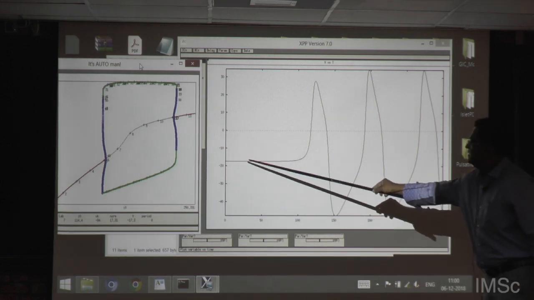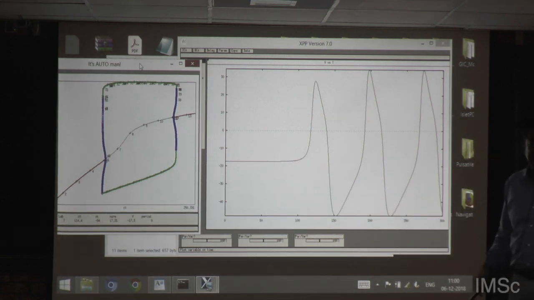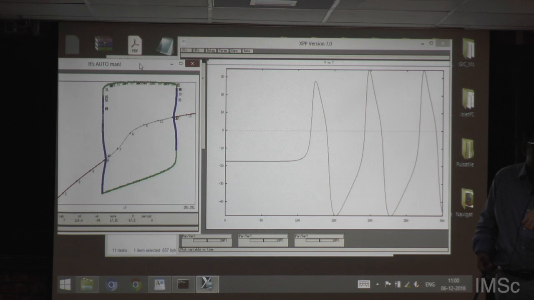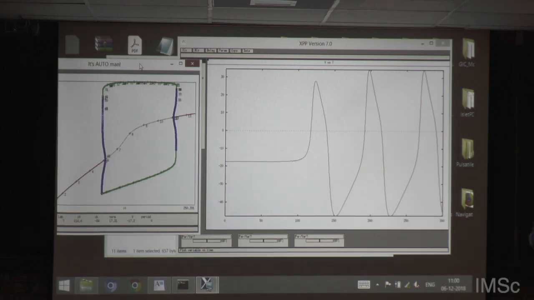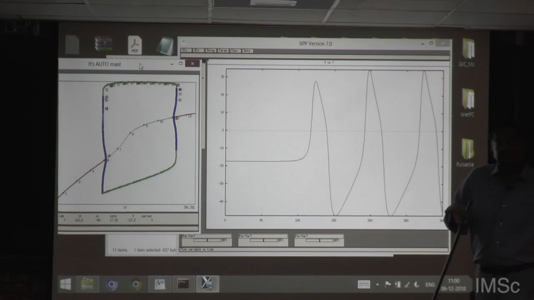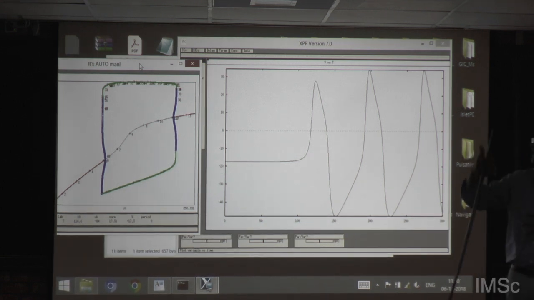For a long time, I see a flat line, which is expected because if I'm at the stationary solution, I will stay at the stationary solution. It's at a fixed point, right? What happened? The point is unstable. So even a little bit of numerical instability moved you away from the fixed point. And as you move away from the fixed point, I switch my attractor.